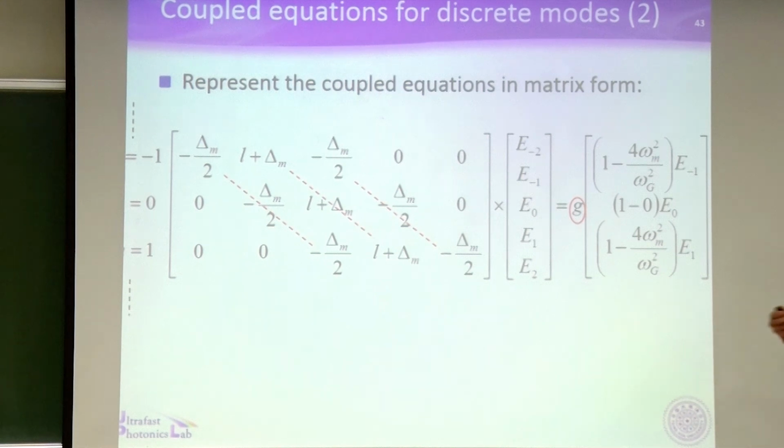Just like in the CW laser analysis, we need to solve for g, right? And this is another unknown vector with given coefficients, but still E_{-1}, E_0, E_1, very similar to this unknown vector. Okay?